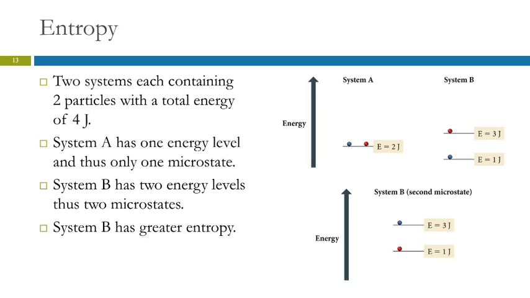No. Those are different particles, and even if they're the same kind of atom, they are still different particles, right? And so having different energies is different microstates. So System B has 2 microstates, System A has 1 microstate. So the entropy is proportional to the number of microstates, so System B has greater entropy.